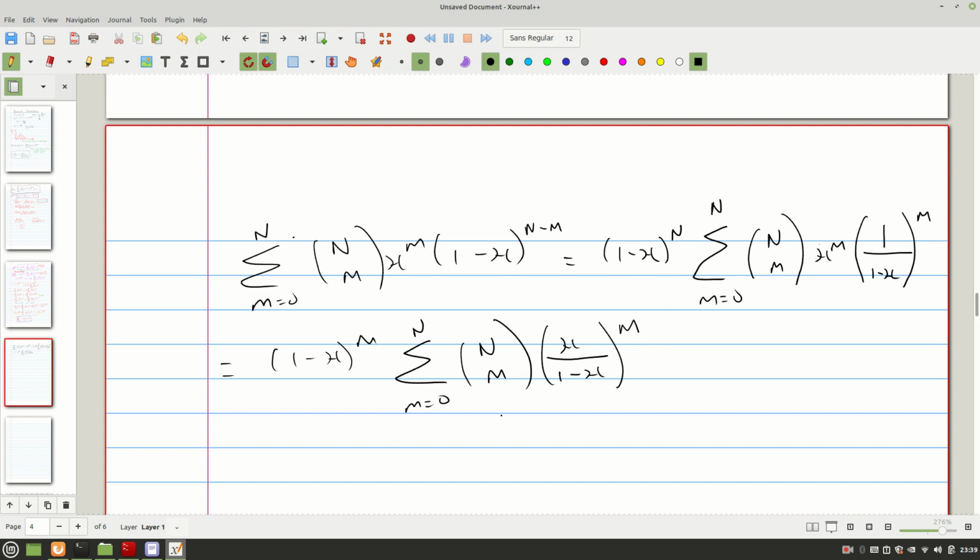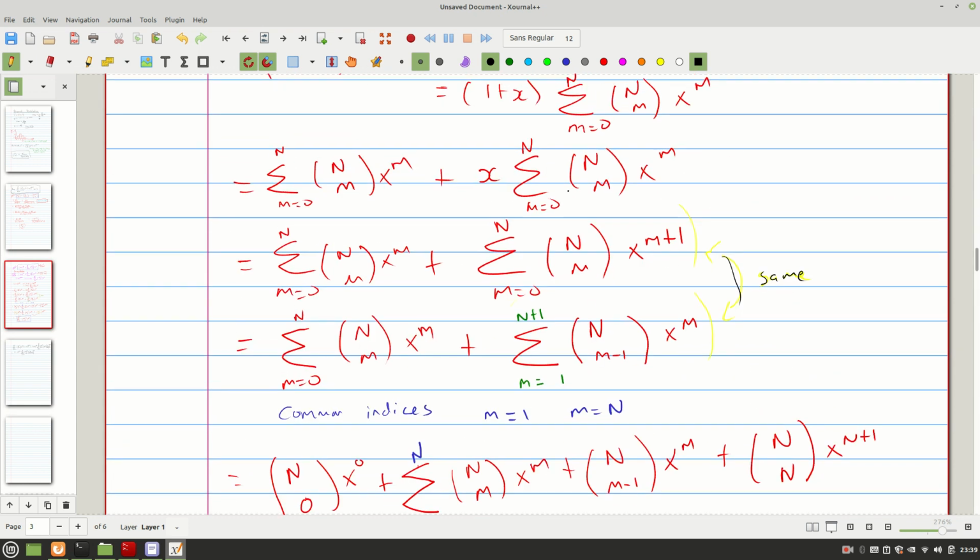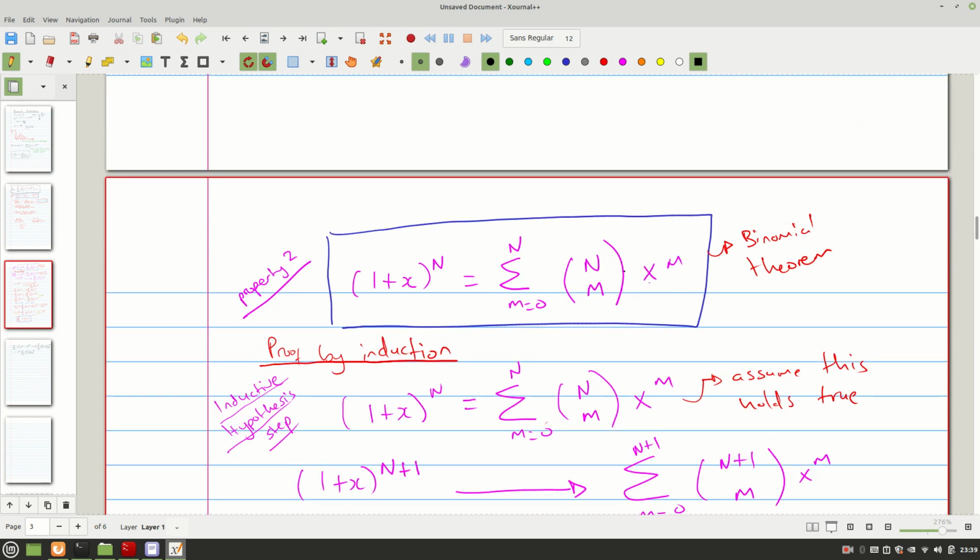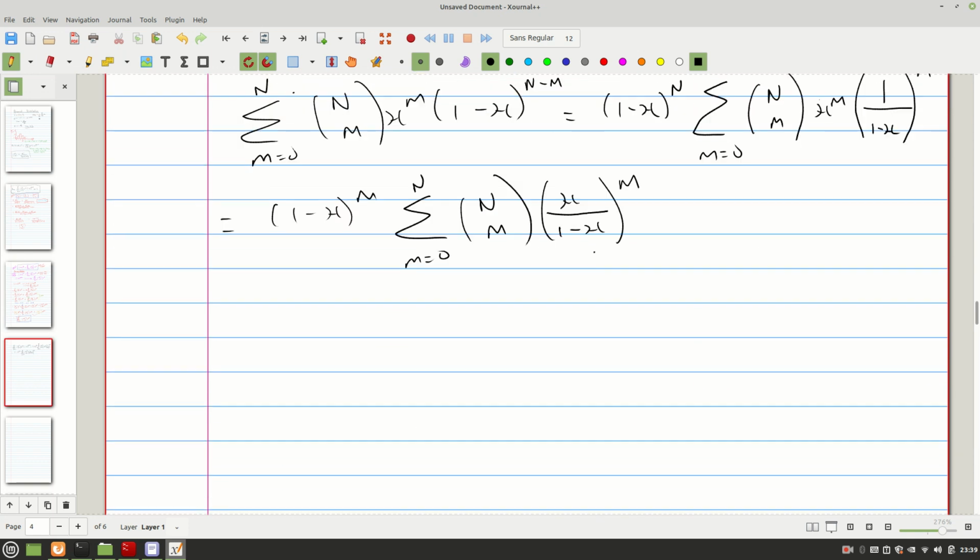Right, if we look at the binomial theorem, we say that the sum of n choose m times x to the m is just 1 plus x to the n. Our x to the m here is just this term, mu over 1 minus mu to the m.